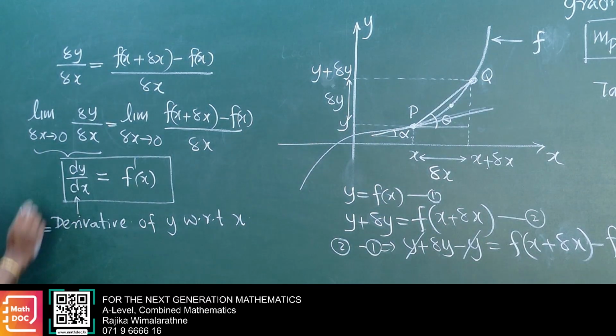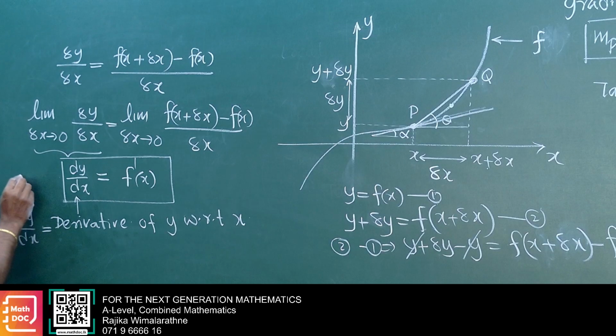Here dy by dx is tan alpha. We say tan alpha value.